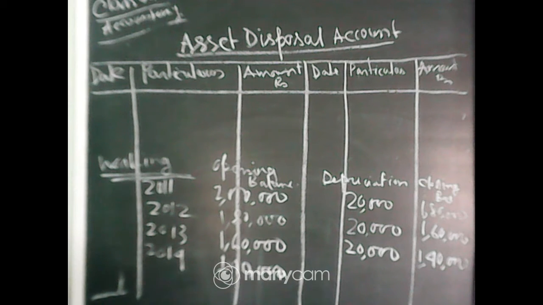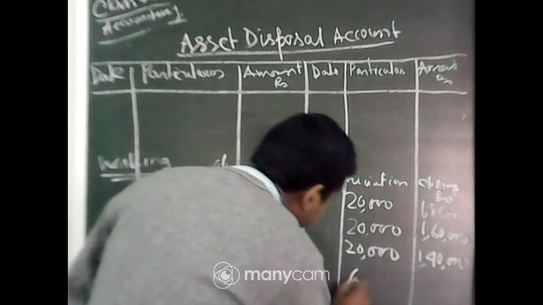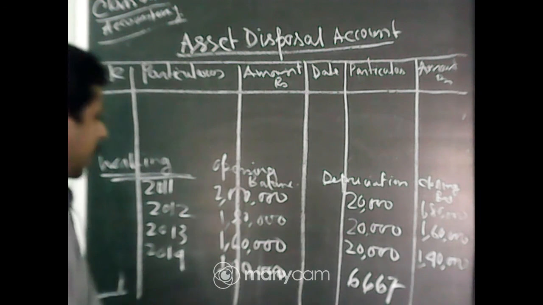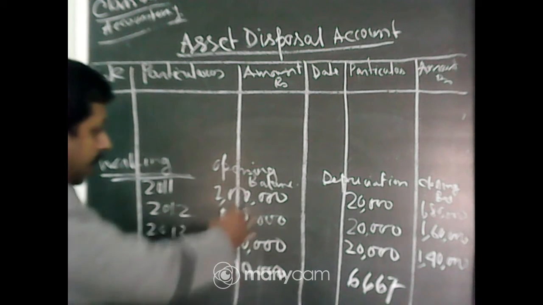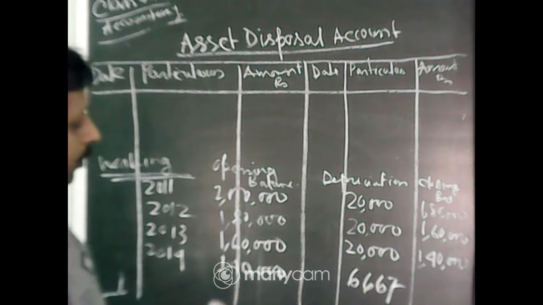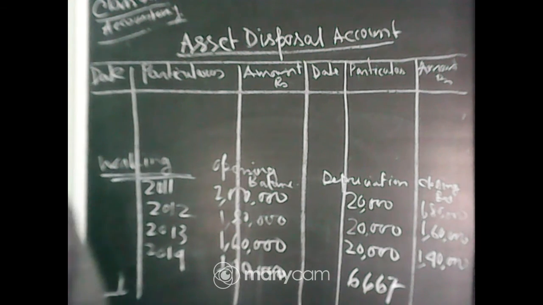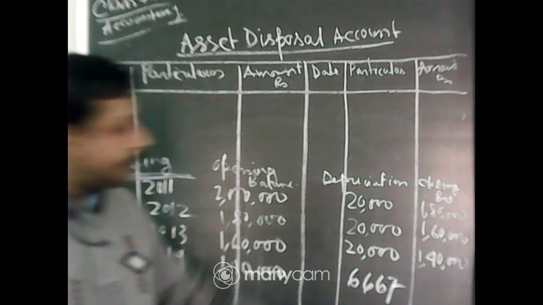So for 4 months we will charge depreciation, and that depreciation value will be 6,667. On 2 lakh, that is 20,000, so 20,000 multiplied by 4 divided by 12. That depreciation will come.